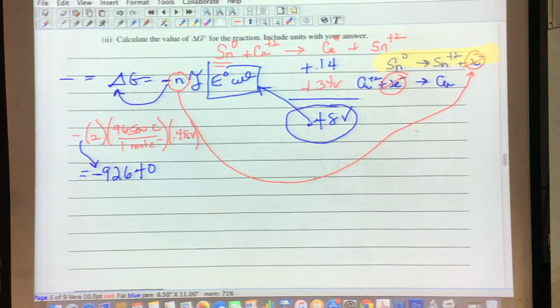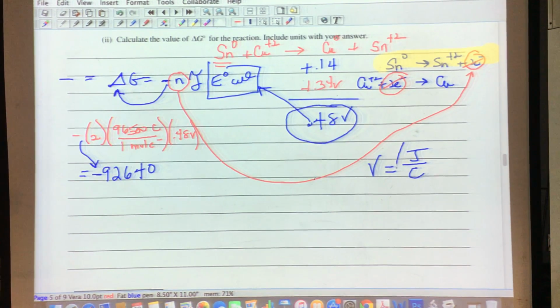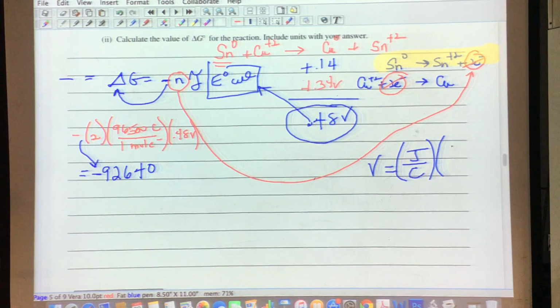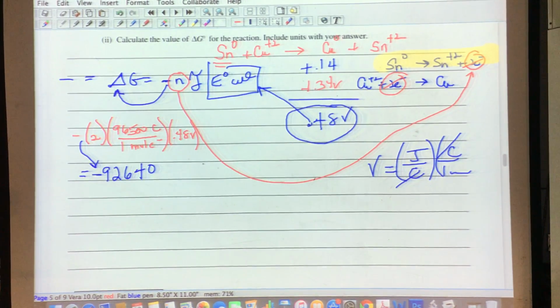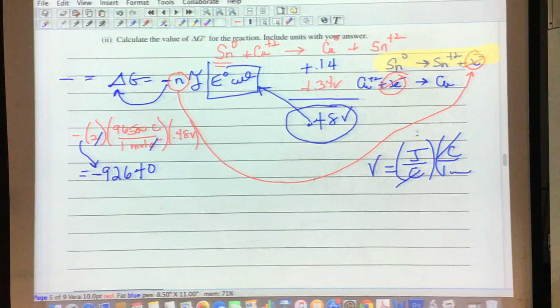Anyone know what voltage stands for? A voltage is a force per coulomb. So it's joules per coulomb, right? So when you multiply that by Faraday's constant, which is coulombs per mole of electrons, the coulombs go bye-bye. And notice this is electrons, so you're basically left with just your joules.